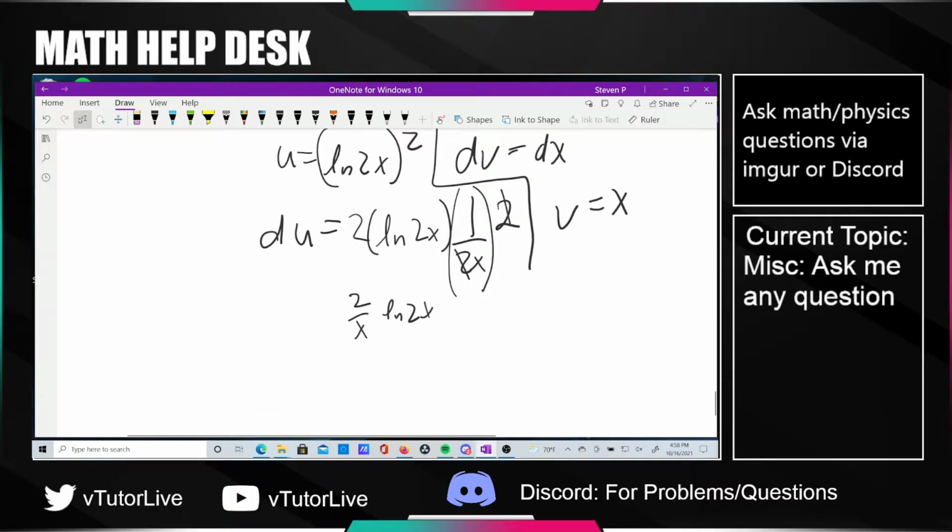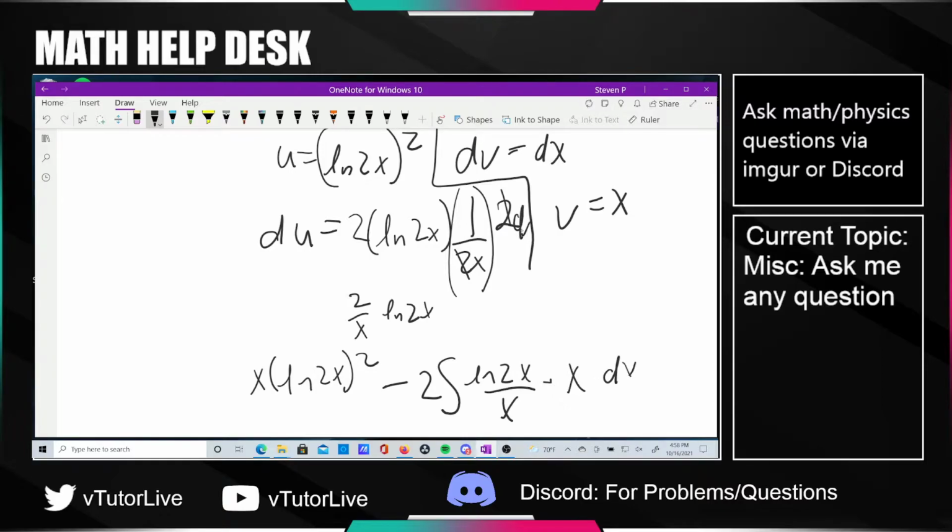The reason we did it this way is because the uv pair is never too bad. It's x ln 2x squared minus the integral of 2 ln of 2x over x times x. Of course, there was a dx in here, I just didn't write it out.